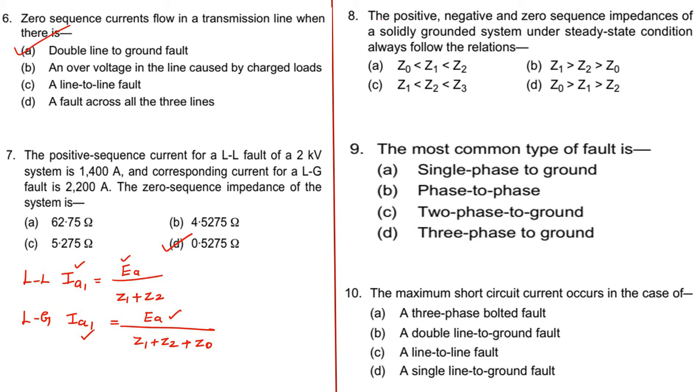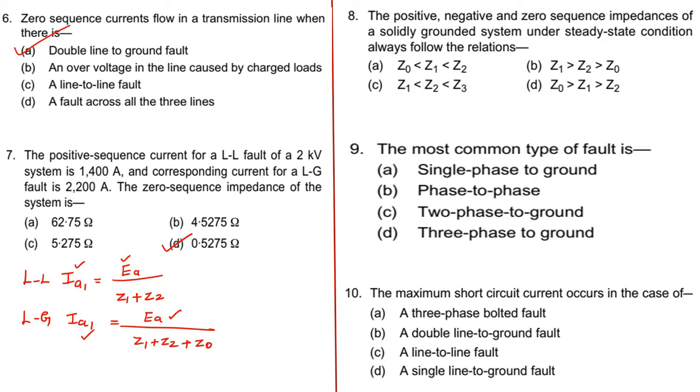Question 8. The positive, negative and zero sequence impedance of the solidly grounded system under steady state condition always follow the relation. A. Z0 is less than Z1 less than Z2. B. Z1 greater than Z2 greater than Z0. C. Z1 less than Z2 less than Z0. D. Z0 greater than Z1 greater than Z2.